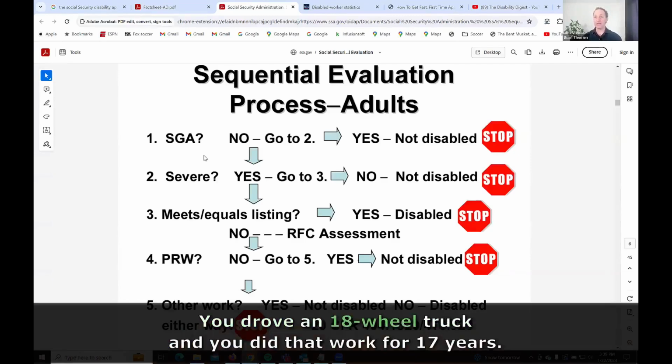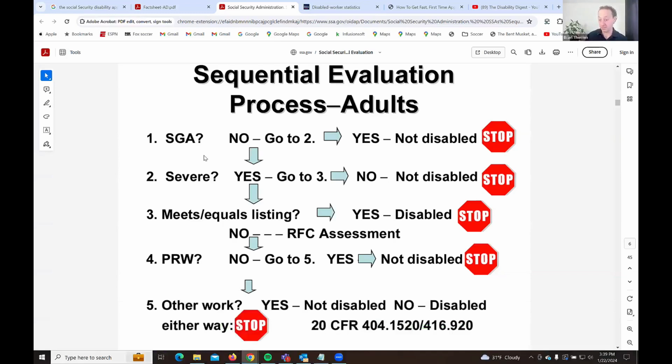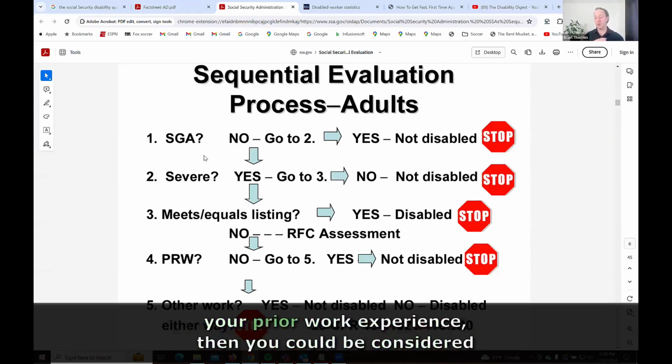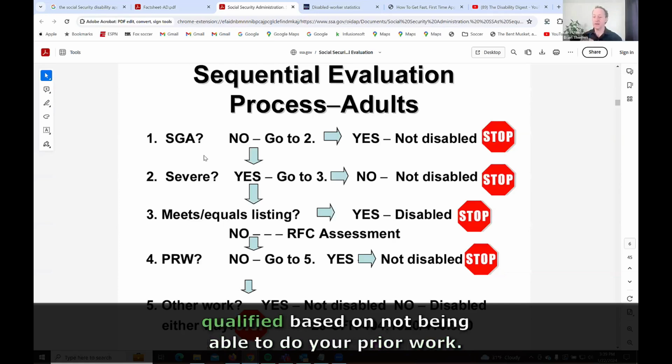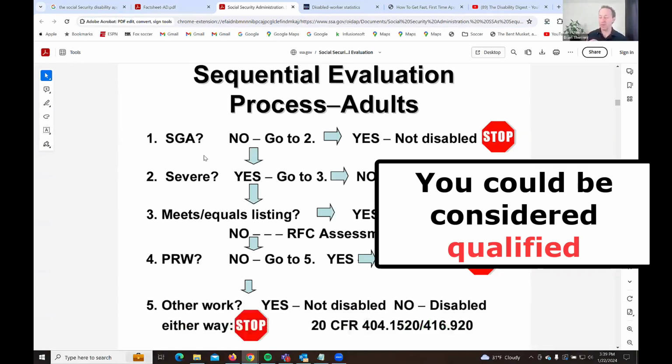You drove an 18-wheel truck, and you did that work for 17 years, and you were in your 50s. So if you're over 50 and you're not able to do your prior work experience, then you could be considered qualified based on not being able to do your prior work.